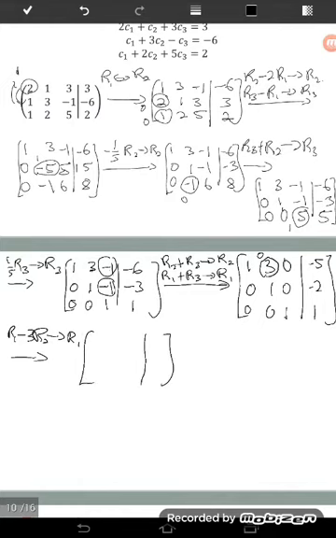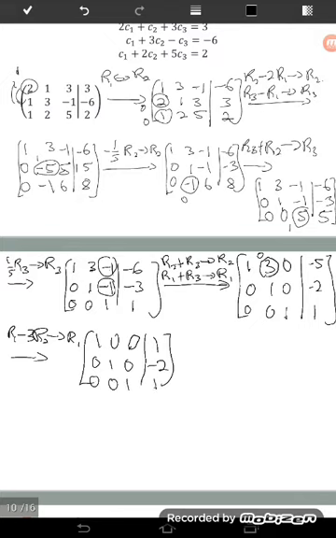Okay, so we have 1 minus 3 times 0 is 1, 3 minus 3 times 1 which is 0, and 0 minus 3 times 0 becomes 0, and then negative 5 minus 3 times negative 2, so negative 5 plus 6 which is 1. And second row is 0, 1, 0, negative 2, third row 0, 0, 1, 1.